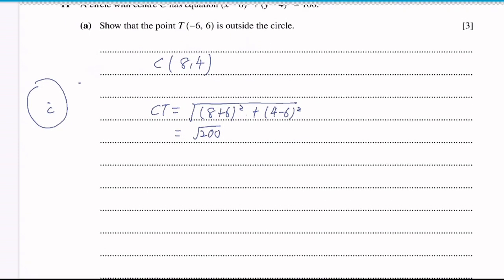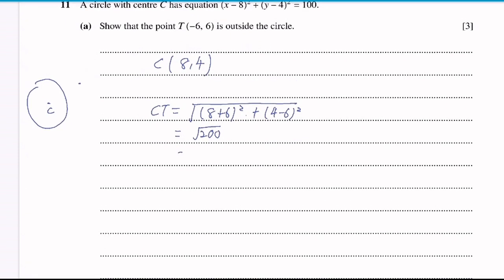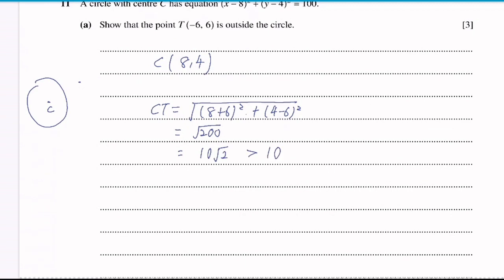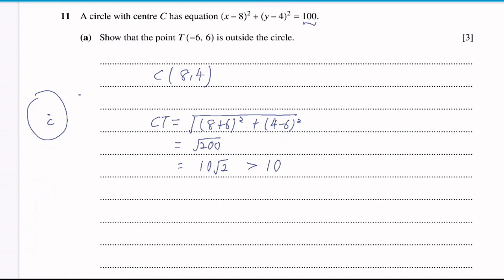So this root 200 we can write as 10 root 2, which is greater than 10, because the radius of this circle is 10. When we look at the distance from T to C, it is greater than the radius. So it can't be anywhere on the circle, or anywhere inside the circle.